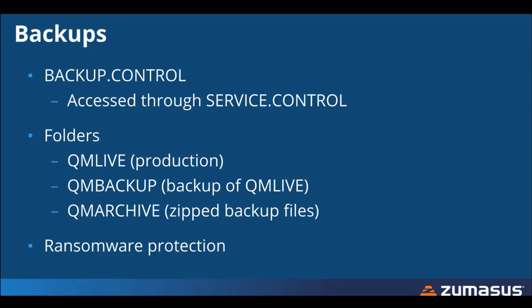So if there's anything that would come out of this slide, it would be the zipped files that are kept in the QM archive folder. That's the most important file that you should be backing up. And that file should always be taken offsite.